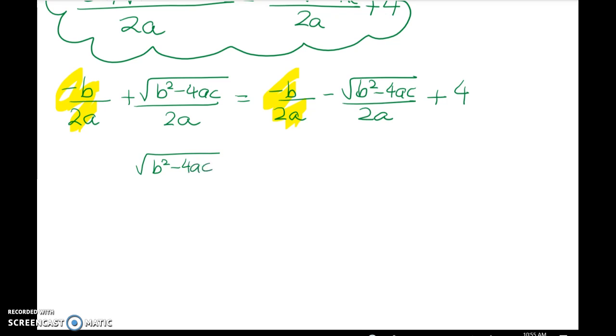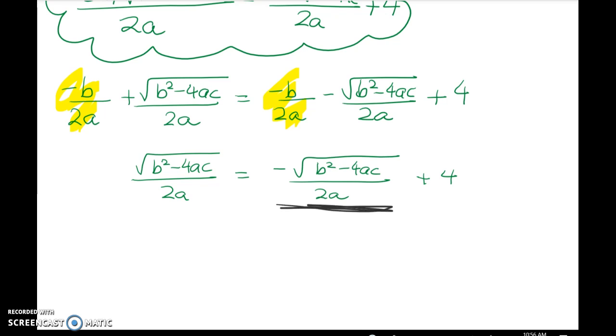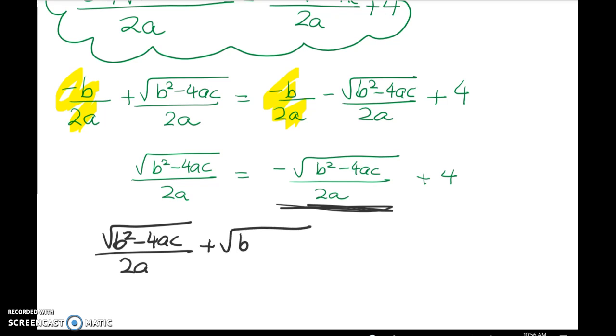And we've got the square root of b squared minus 4ac over 2a is equal to negative the root of the discriminant over 2a plus 4. Right, now I've got two identical terms here, so I'm going to add this one to both sides, and that'll give me the square root of b squared minus 4ac over 2a, plus the same thing, is equal to 4.